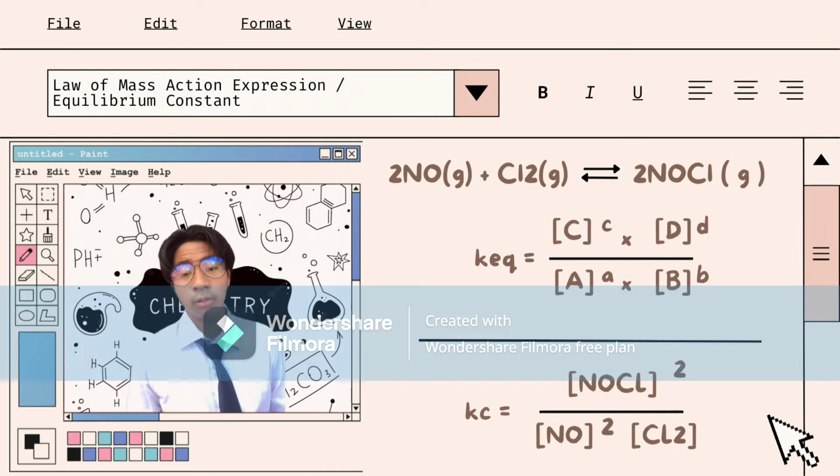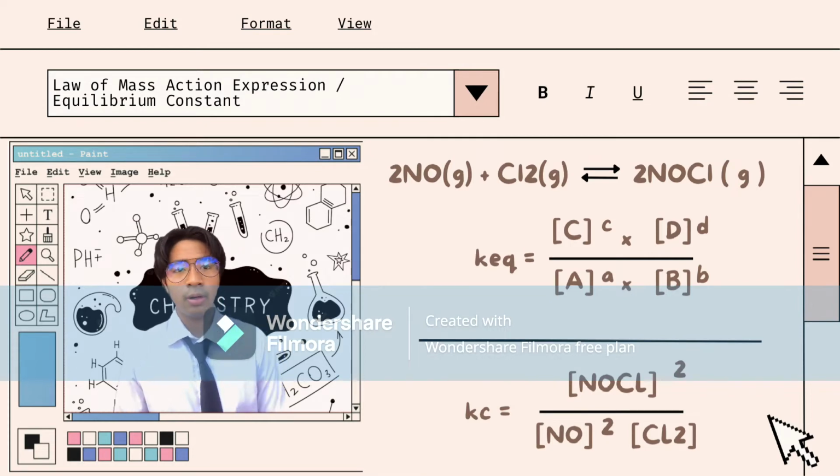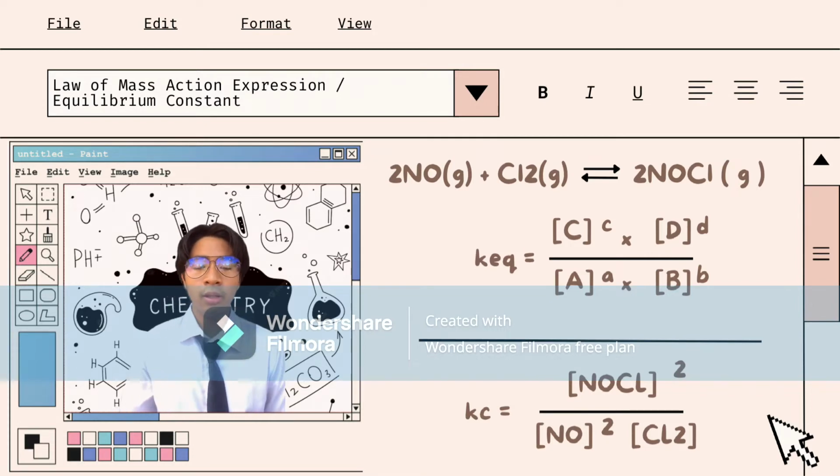So as we know the equilibrium constant, we can now proceed by substituting the whole equation of the chemicals. So here we have a concentration of NOCl raised to 2 as its numerical coefficient or number of moles, and NO raised to 2 times Cl2 as its denominator.